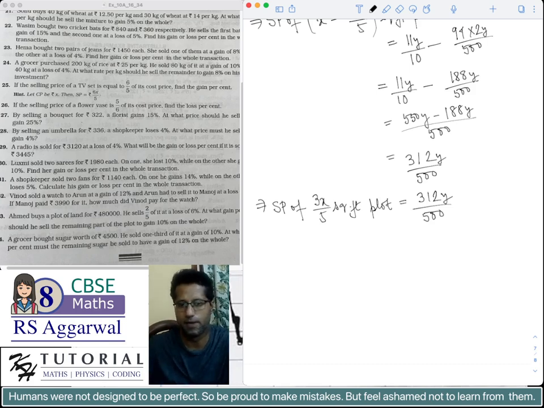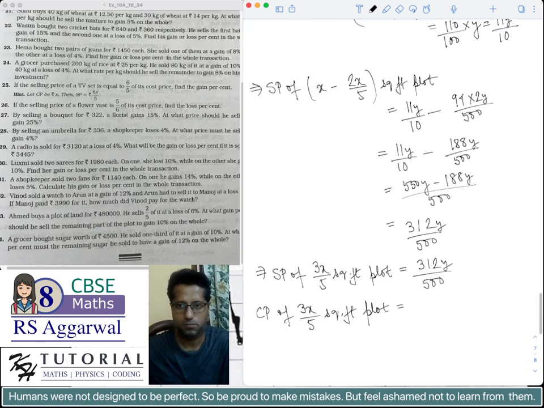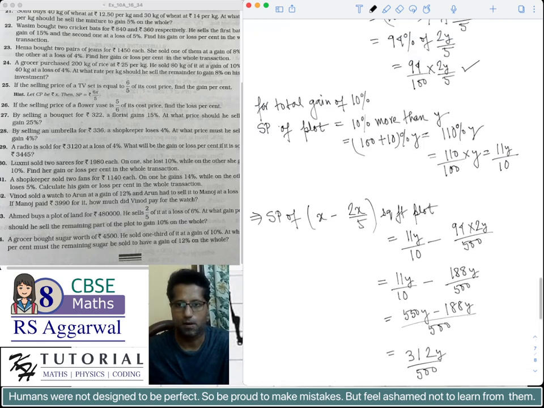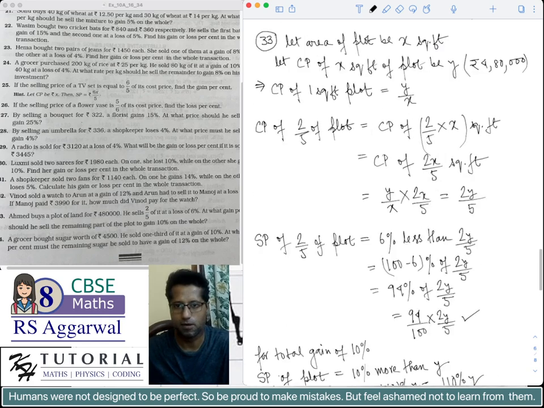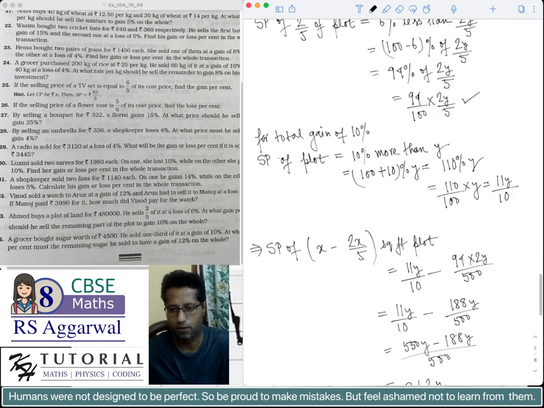Now to find the gain percent, we must compute the cost price of the 3x by 5 square feet of plot. We know that y by x is the cost price of 1 square feet plot.